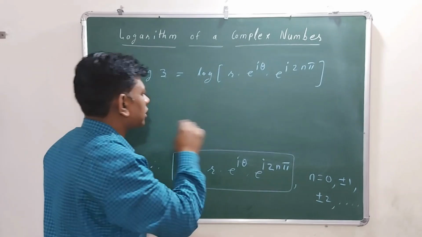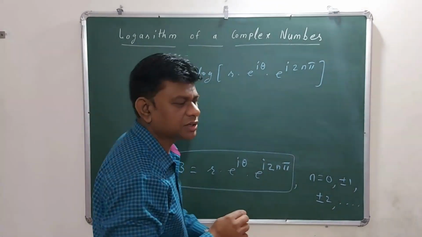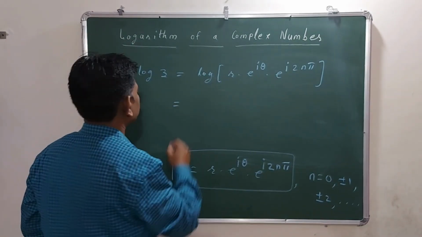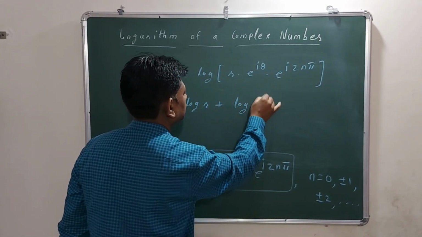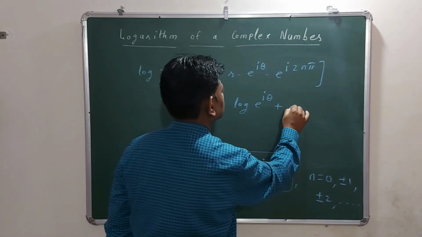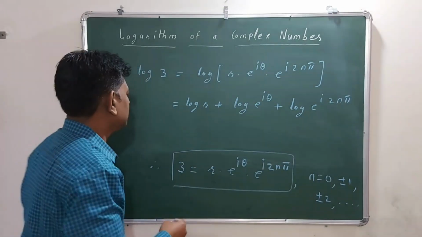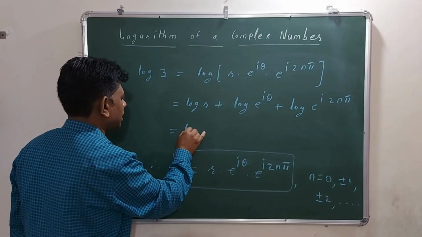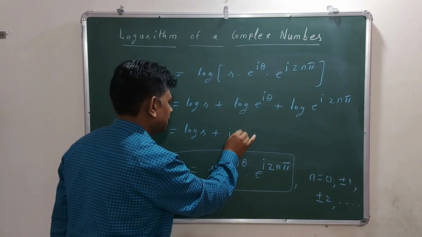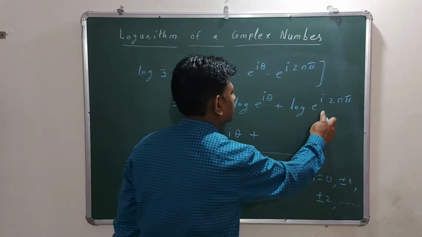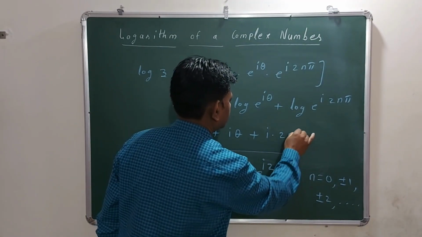Now by using the logarithmic rule, this is log r plus log of e to the power i theta plus log of e to the power i times 2n pi. Now this is equal to log r plus i theta plus i times 2n pi.